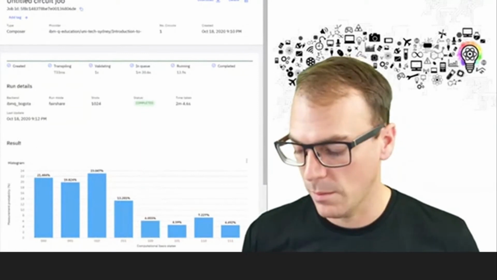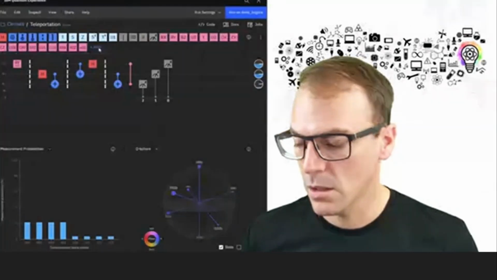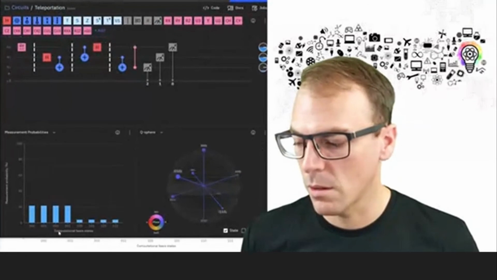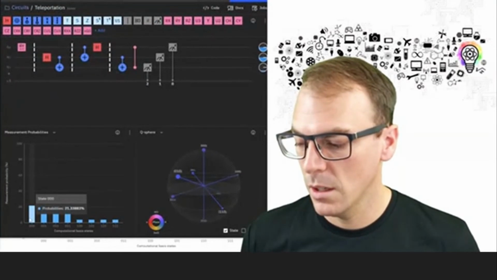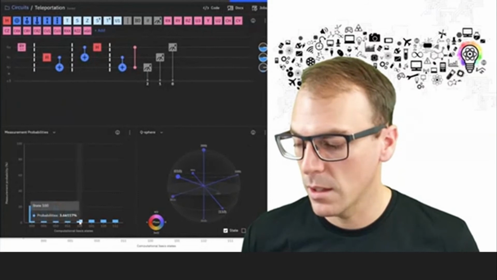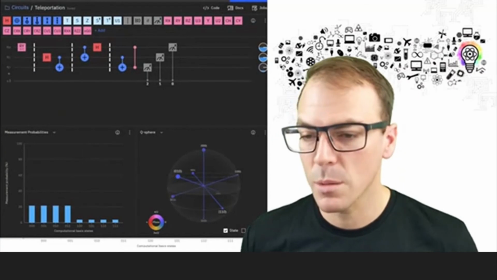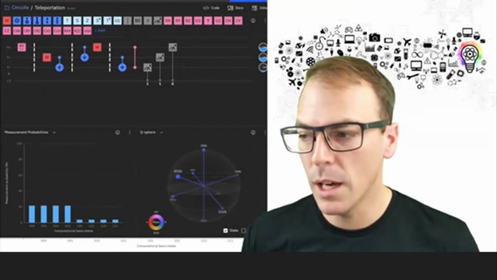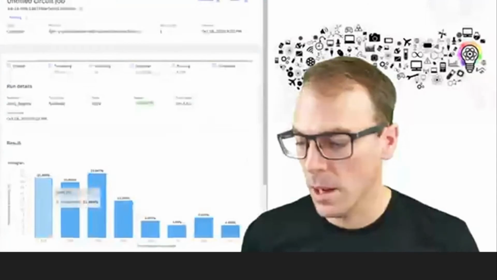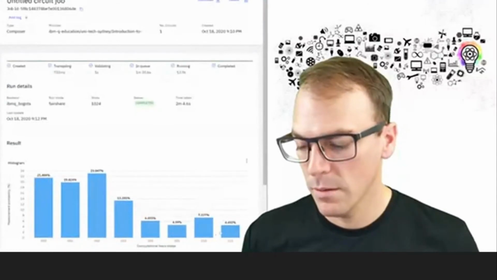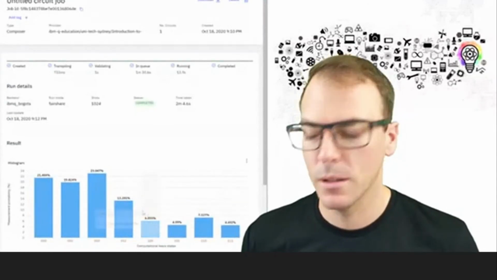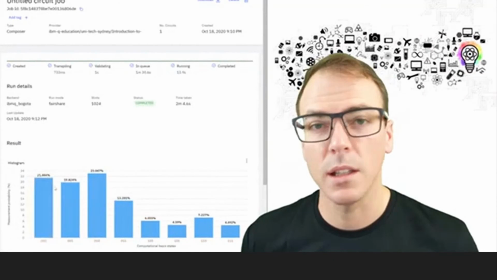So I'll just put that up one more time. This was the circuit. These were the theoretically predicted outcomes down here, 21.33% and 3.66%, those two values. And they're not too far away, but certainly not the predicted values.